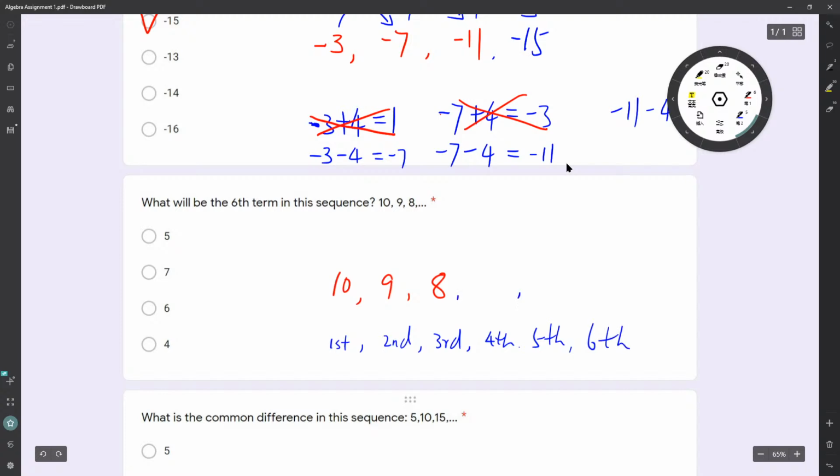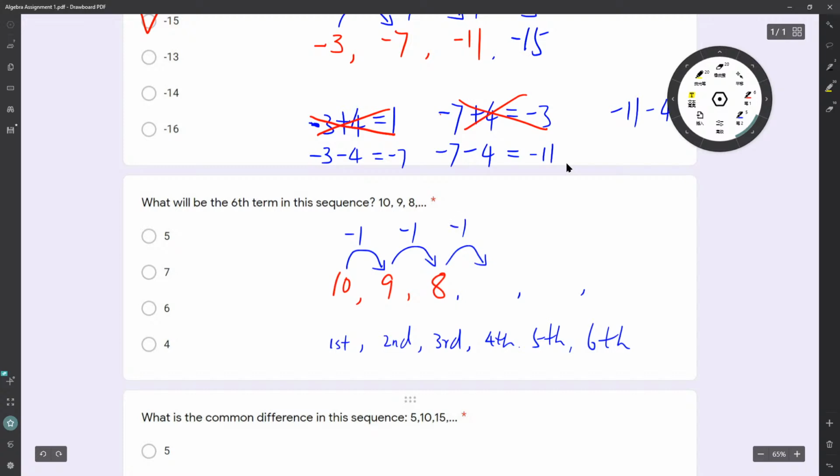Still it's making predictions. Let's observe the pattern. From 10 to 9, subtract 1. And from 9 to 8, subtract 1. Then what's next? Subtract 1.